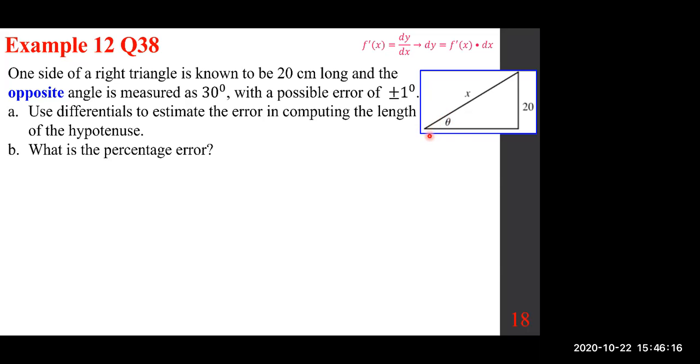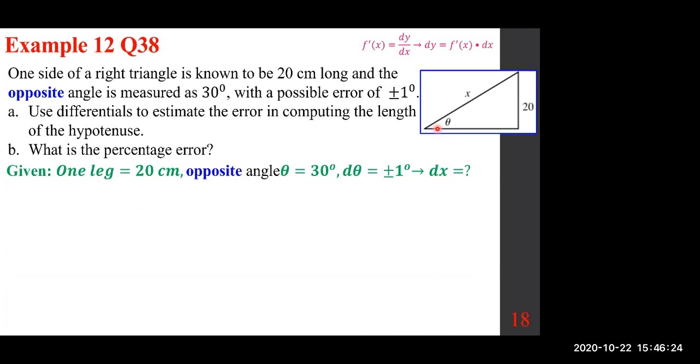So one leg is 20 centimeters, the opposite angle is 30 degrees with a possibility of plus minus 1 degree. So we want the estimate of error in the length of x. So we want dx. I hope you see what is given and what is missing.